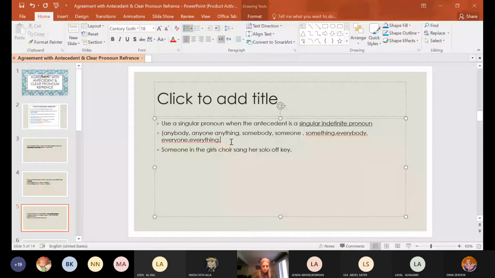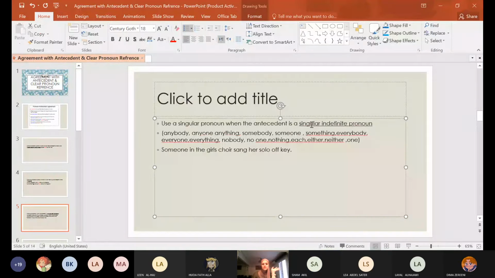Nobody, no one, nothing, and each, either, neither. What is the last one in the song? Each, either, neither, one. These are always singular indefinite pronouns.